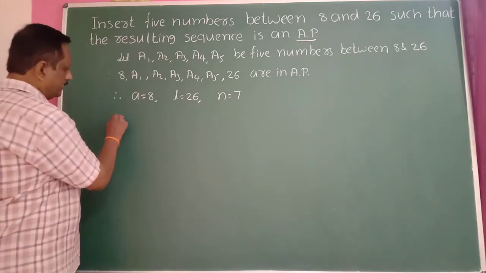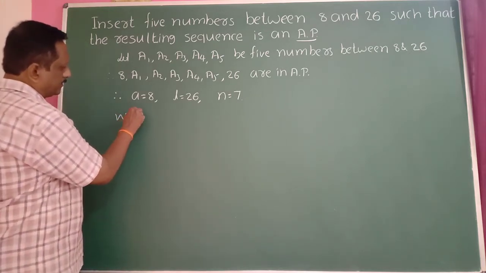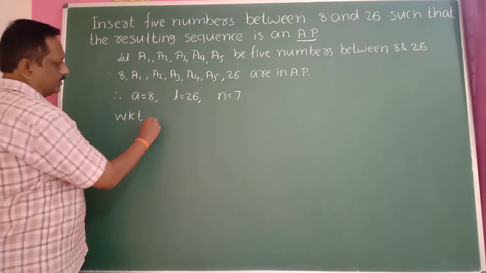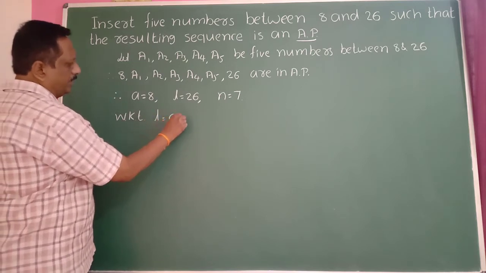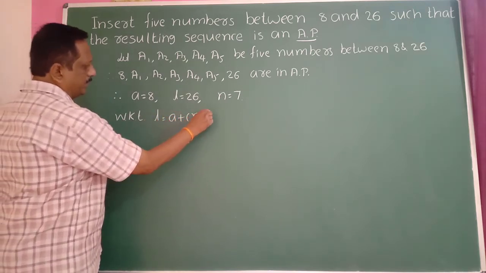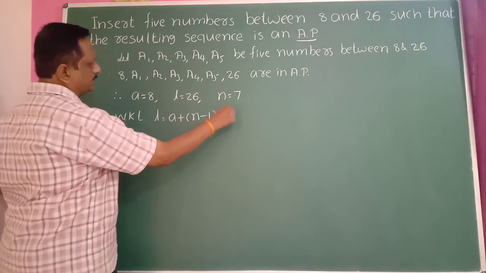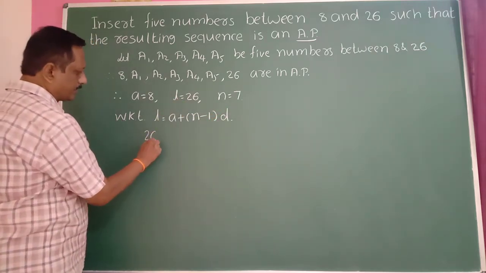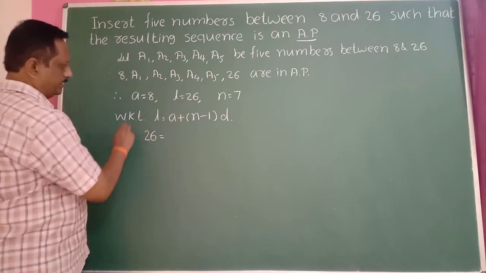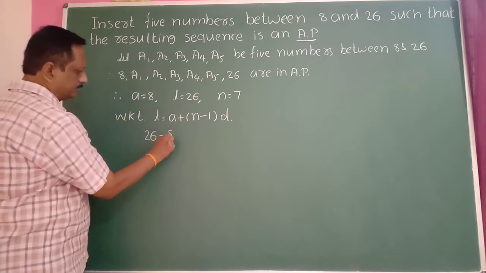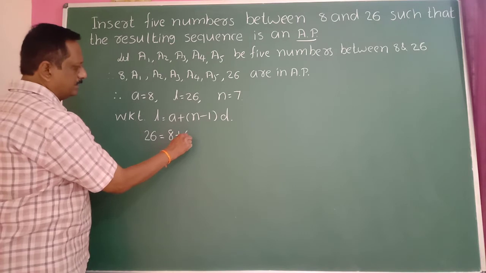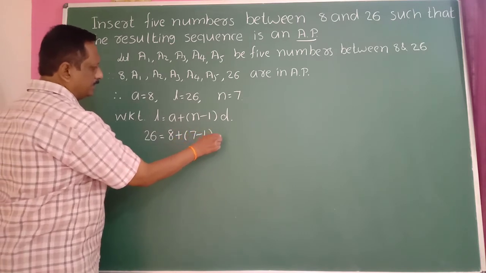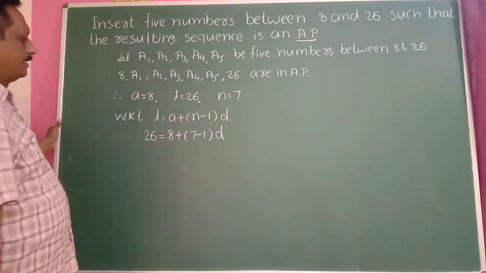We know that l is equal to a plus (n minus 1) into d. This is the formula. The l value is 26 equal to a value 8 plus (7 minus 1) into d.